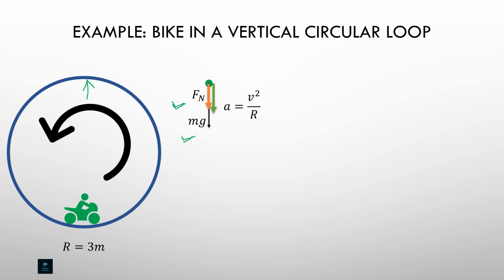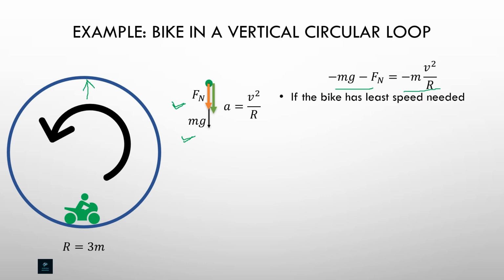Applying Newton's second law of motion, since both forces are in the negative direction, the net force is minus mg minus Fn, which equals mass times the acceleration. Since the acceleration is also negative, the net force equals minus m times v square by r.